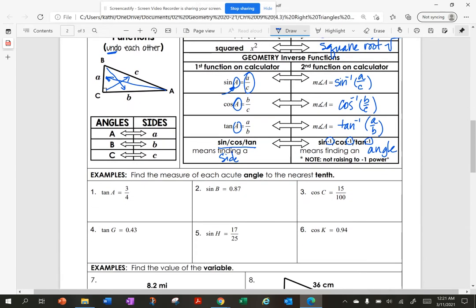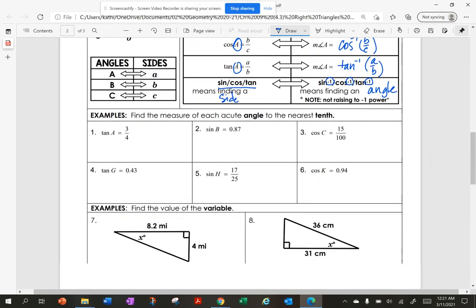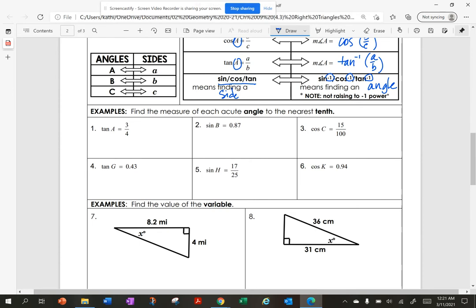All right, so let's do some examples. When I'm talking about trig, I need to make sure that my calculator is always in degree mode. Right now we're working in degrees. So if I wanted to find angle A, and I'm going to round to tenths, so tenths is 1 decimal place.